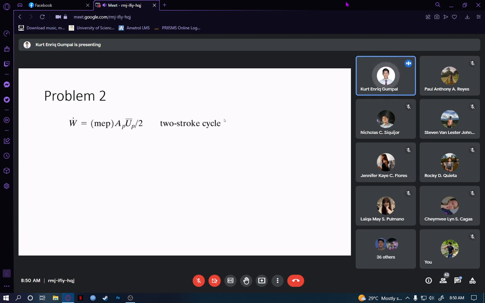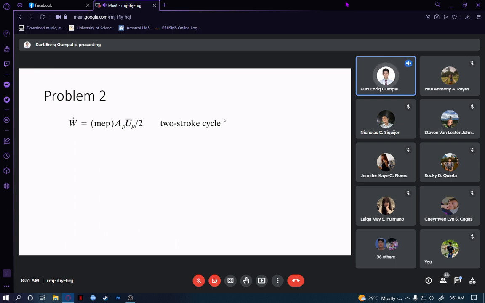Now, how are you going to get your mean effective pressure? Your brake power is equal to your mean effective pressure times the total piston area times your piston speed divided by 2 for your two-stroke cycle.